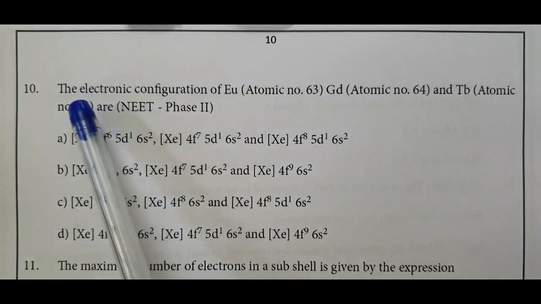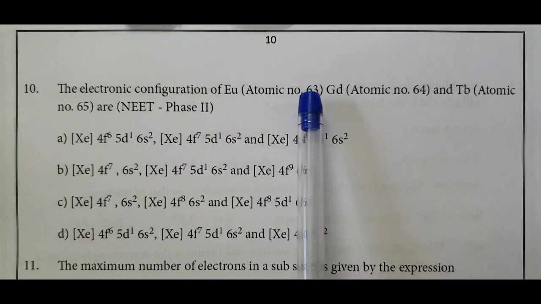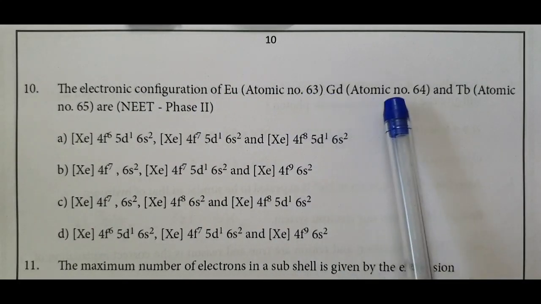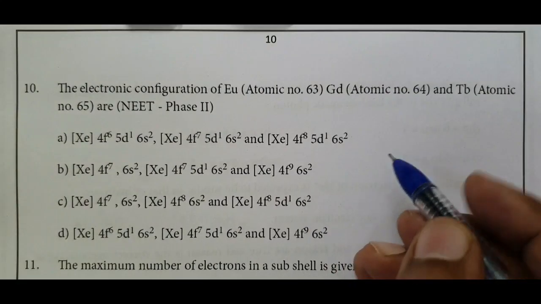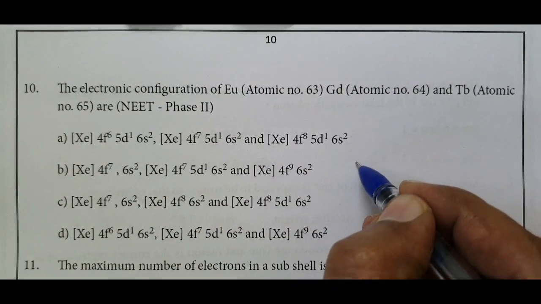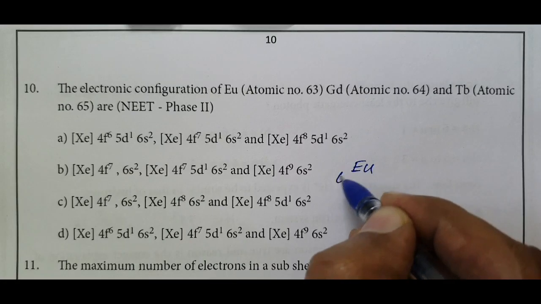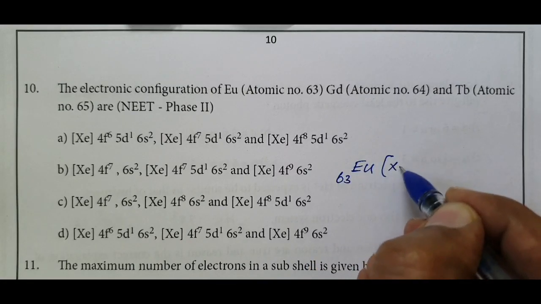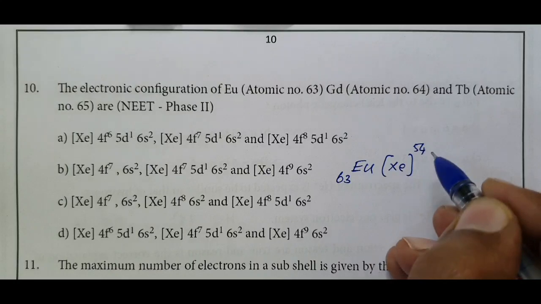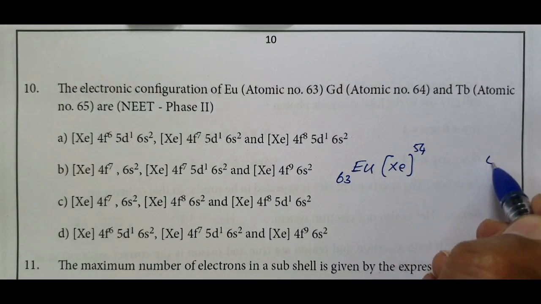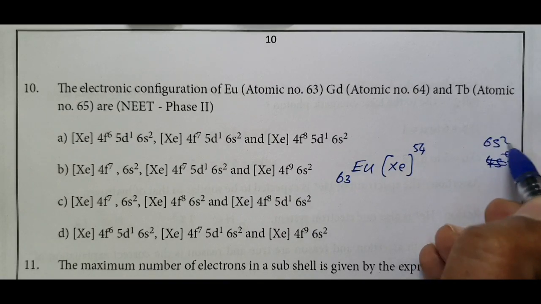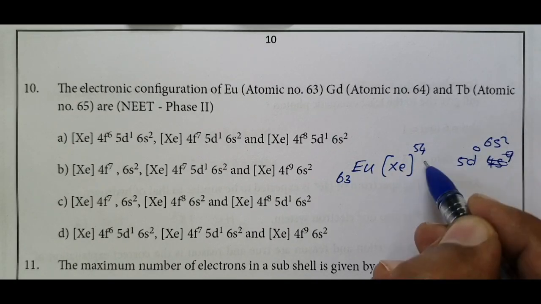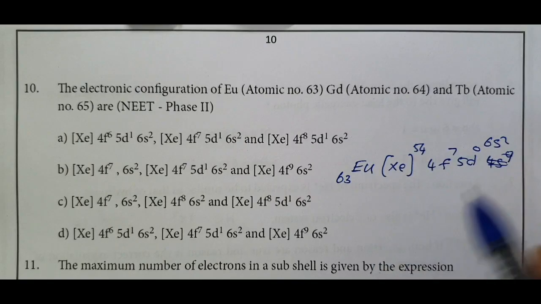Question number 10. The electronic configuration of europium atomic number 63, gadolinium atomic number 64 and terbium atomic number 65. Europium, gadolinium, terbium are f-block elements. Europium atomic number 63 electronic configuration: xenon atomic number 54, then the electrons enter into the s orbital, 6s2, 5d0, 4f7.